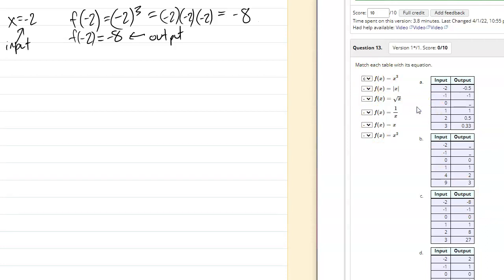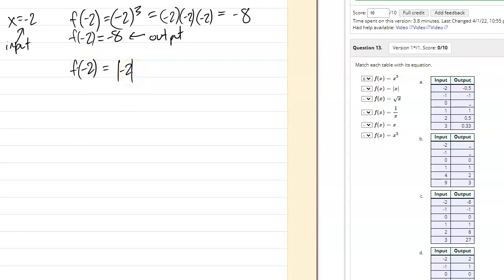Okay, now let's go ahead and just do the same thing and plug in -2 for the next function. F of -2 is -2 absolute value.